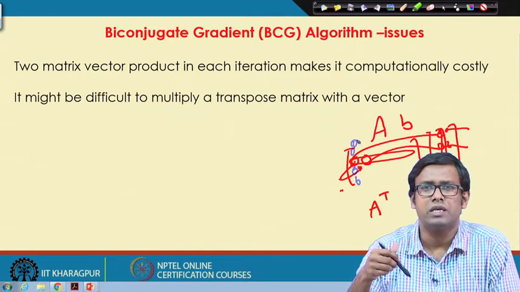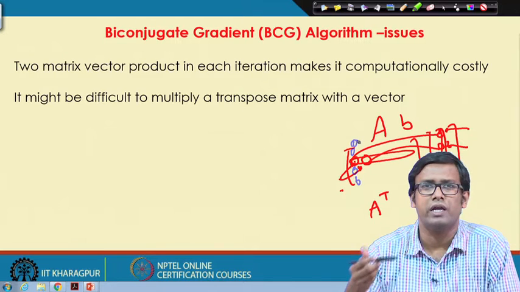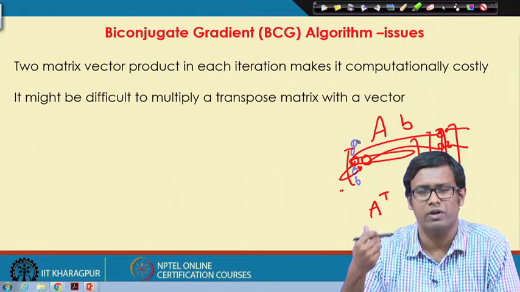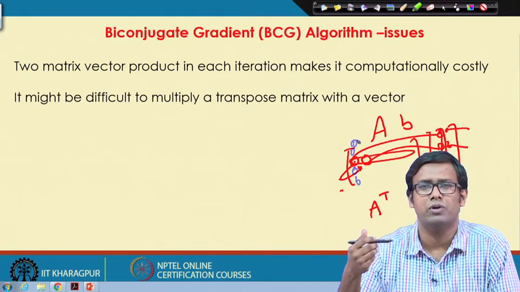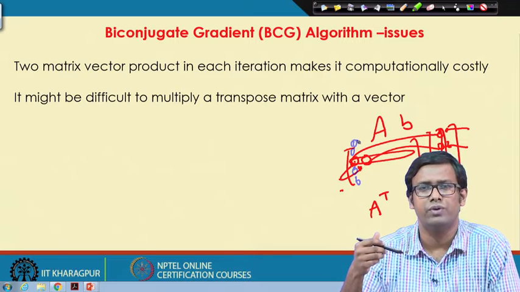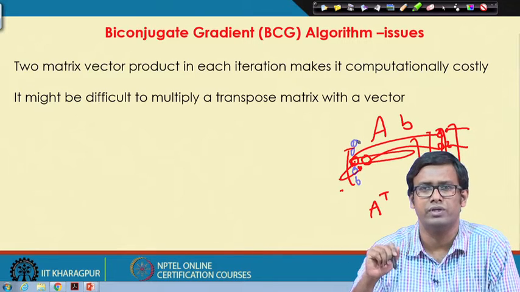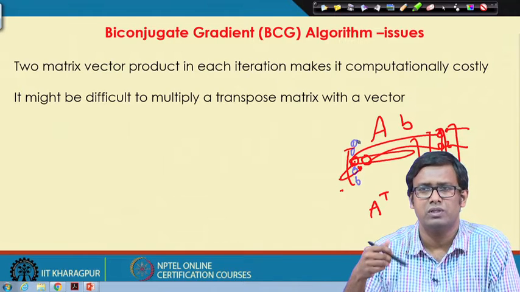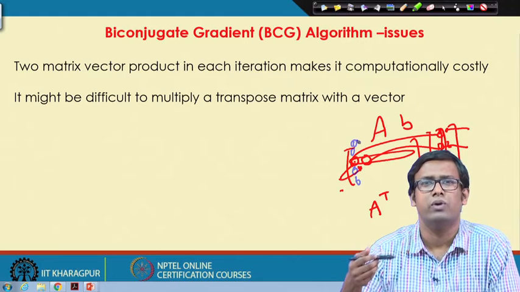In that case, A is not formed explicitly, and getting A transpose is extremely difficult. Sometimes it is impossible, because we are not forming A explicitly; we are getting the products AB through each linear equation, and we are not forming the matrix A transpose. So, this gives certain overhead, and sometimes it becomes impossible to handle the systems.